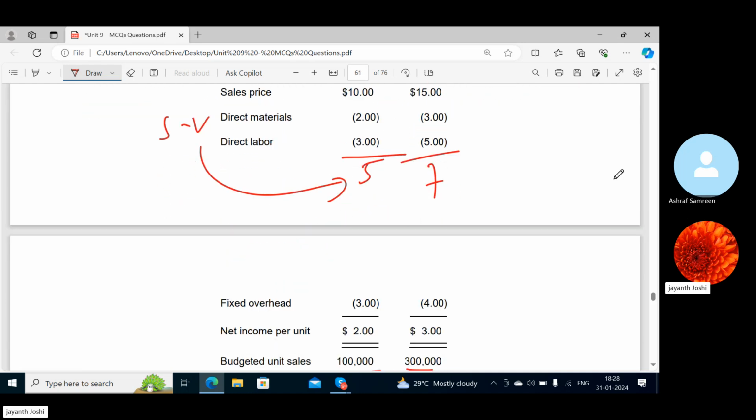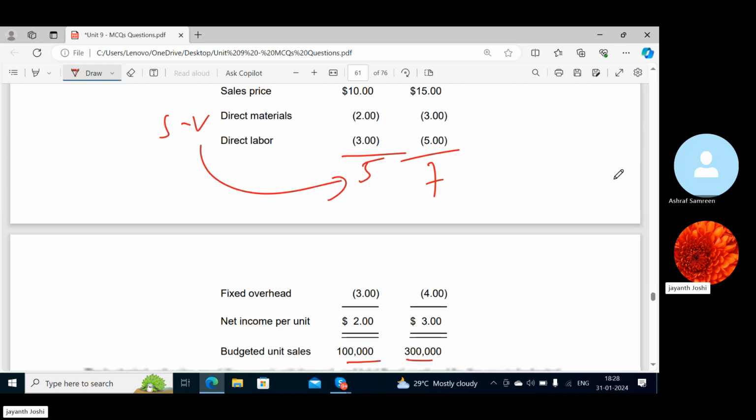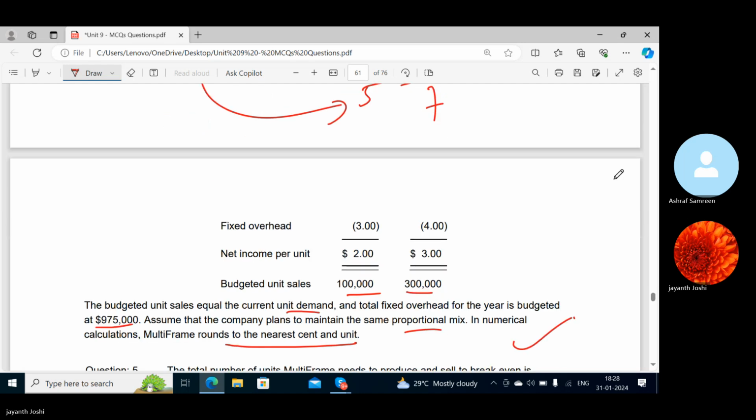First X. Further data is given. Budget unit sales equal the current unit demand.